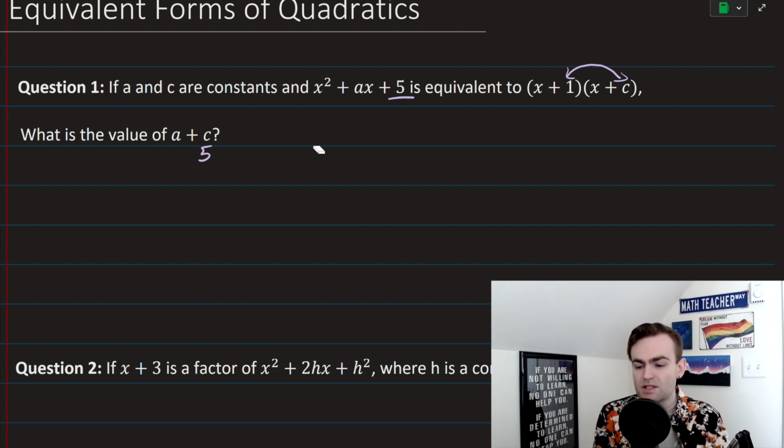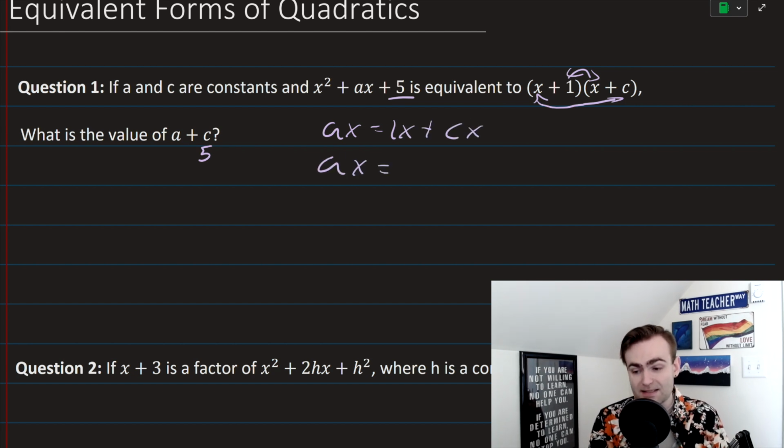The a term is going to occur when I distribute x to c and 1 to x. So ax is essentially the same as 1x plus cx, which means that ax is equal to 1 plus c times x, or that a is equal to 1 plus c.